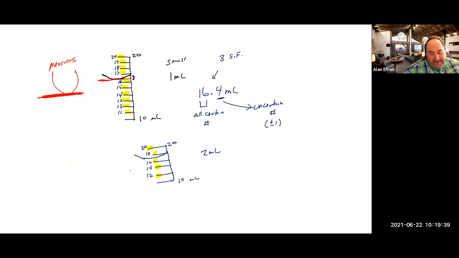I'm going to try to get that pen to work there. Let's go across. There you go. So if we look at the bottom of the meniscus, somewhere right there, we can clearly see it's 16. We can clearly see it's maybe not 18. So in this case, somewhere between 16 and 18, the best you could do is call it 17 milliliters.